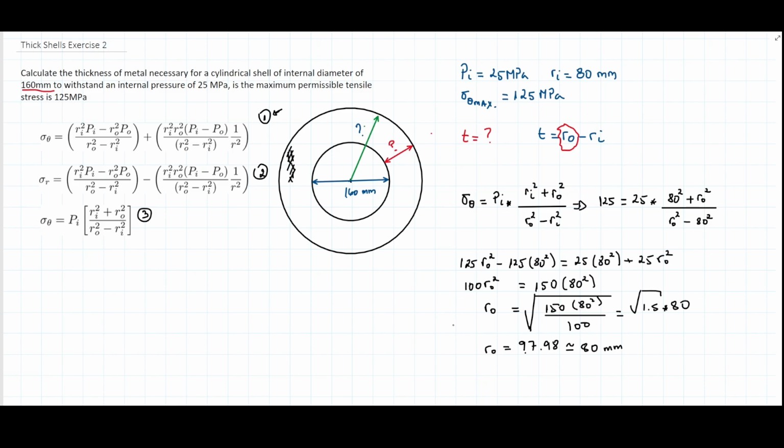Then if I come back here, T is the difference between the outer radius, which we have just found, 98 as an approximation, minus the inner radius, 80. That gives me that the thickness according to these parameters needs to be at least 18 millimeters.